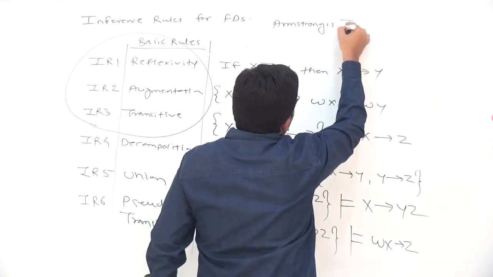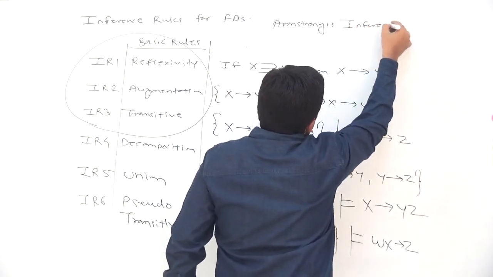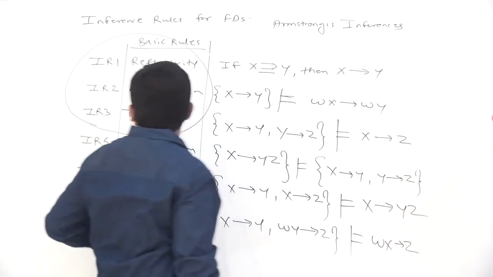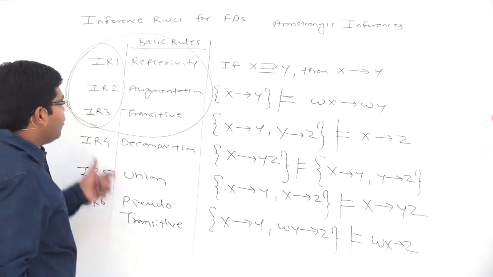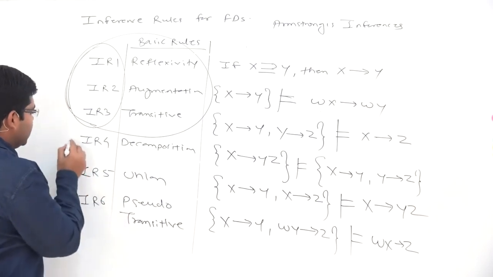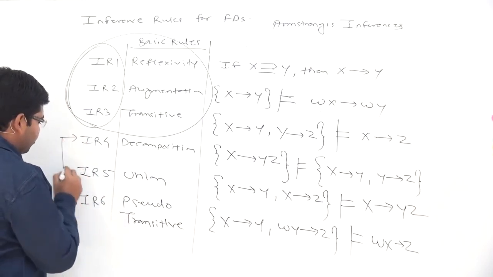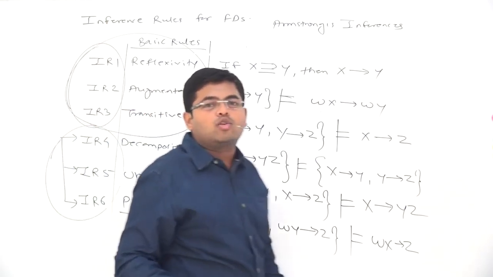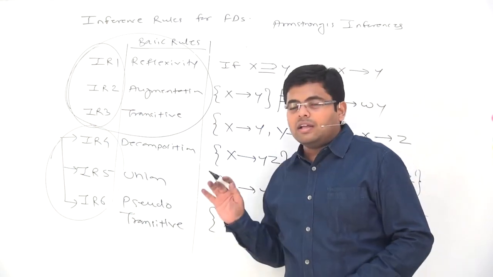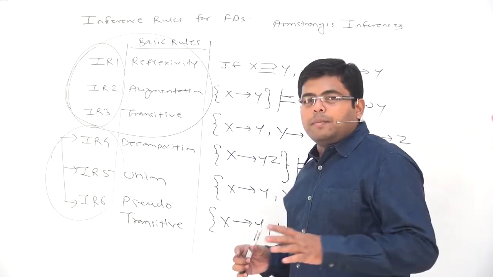Why they are basic: we have already seen that IR4, IR5 and IR6 can be proved using IR1, IR2 and IR3.